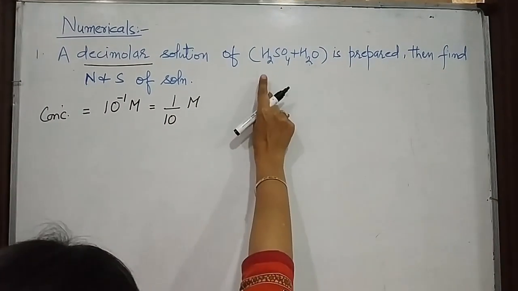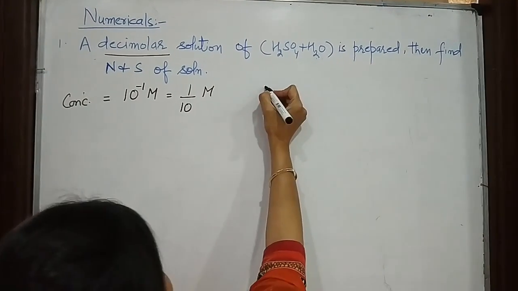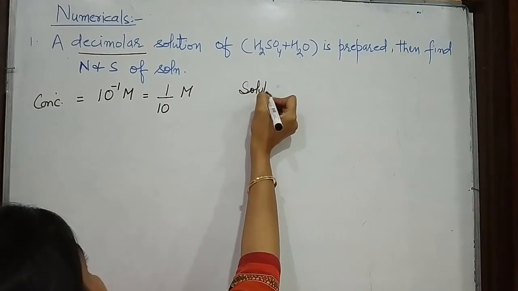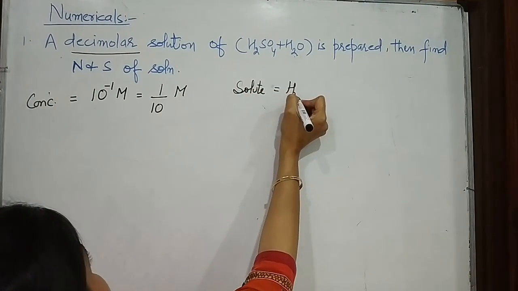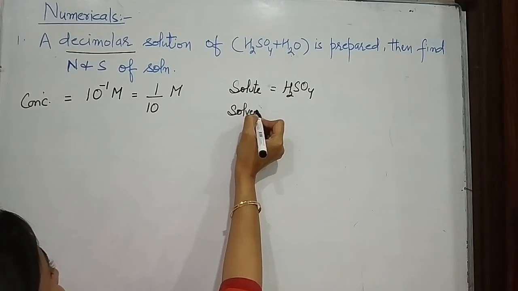Secondly, it has been given that solution is of H2SO4 and water. That means solute is H2SO4 and solvent is water.